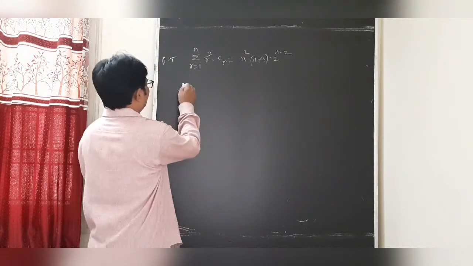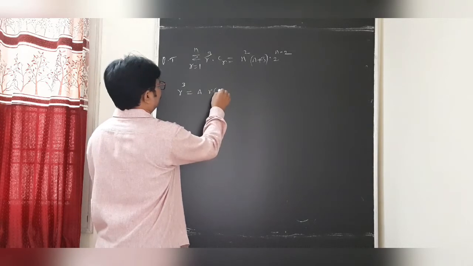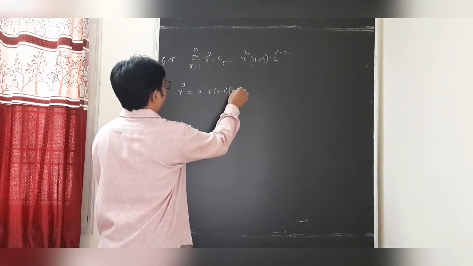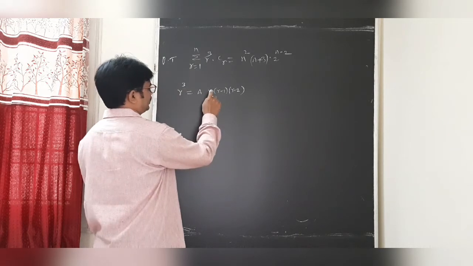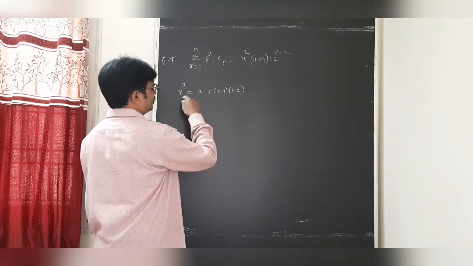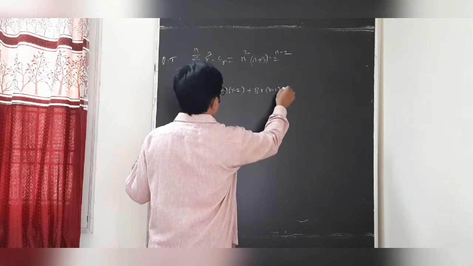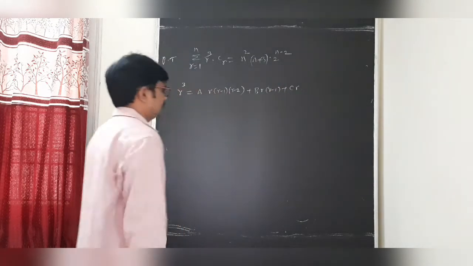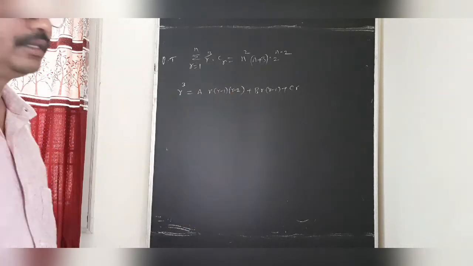First we can write r cube as A into r into (r minus 1) into (r minus 2). Undoubtedly, students, the cube term is there, r into r into r, r cube. After that, B into r into (r minus 1), and C r. Okay students, r cube can be written like this.